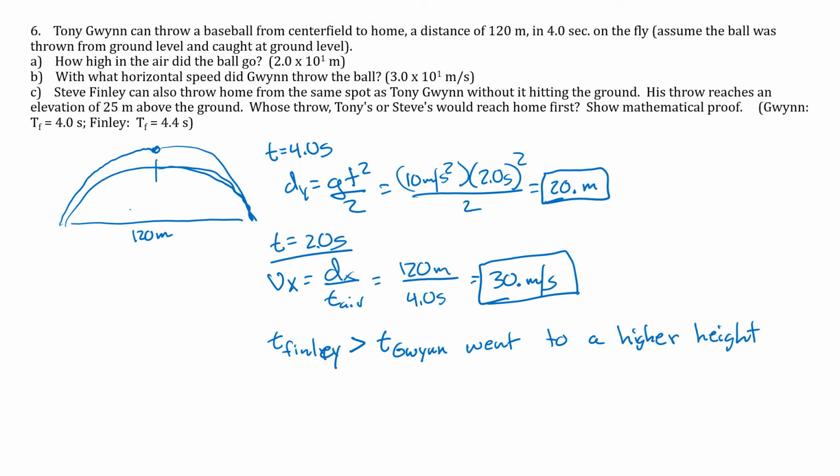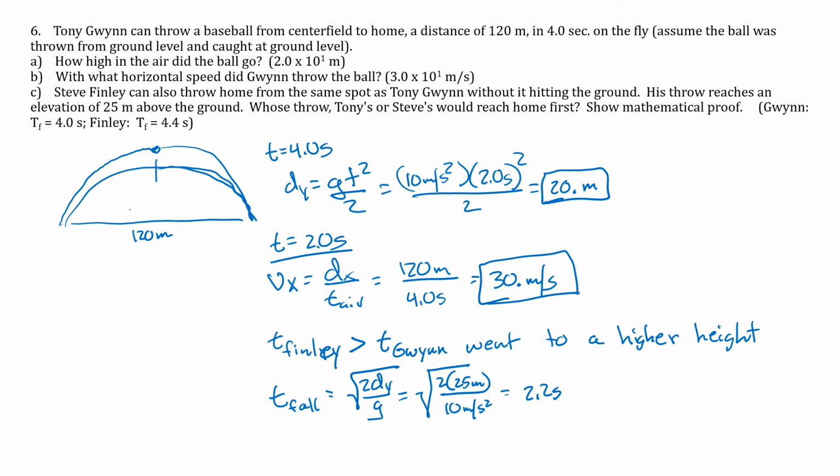Let's prove that really quick. All we need to do is take the time to fall and double it for Steve Finley. The time to fall is the square root of 2 dy over g, or the square root of 2 times 25 meters over 10 meters per second squared, which is the square root of 5, which is 2.2 seconds.